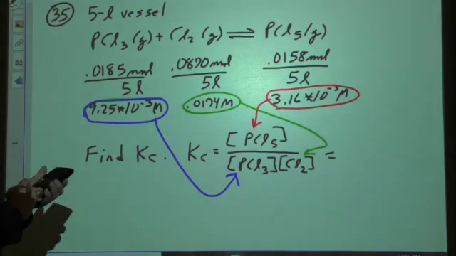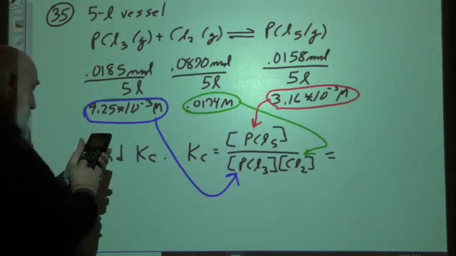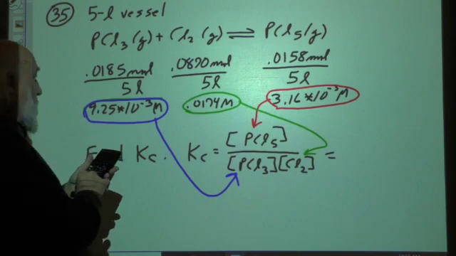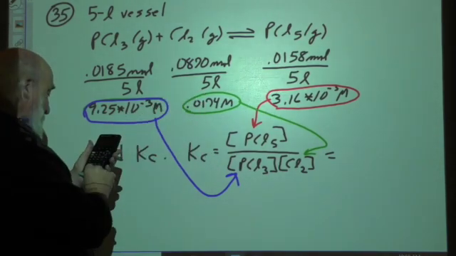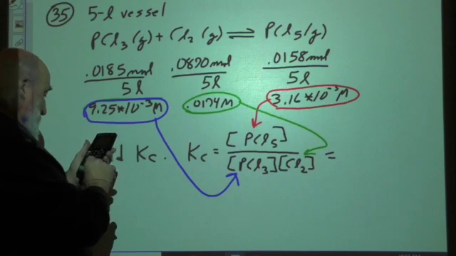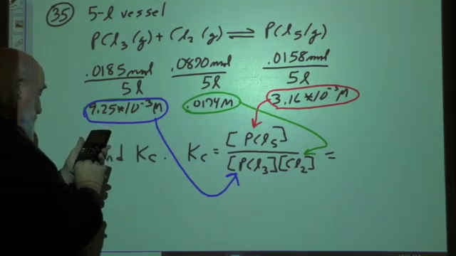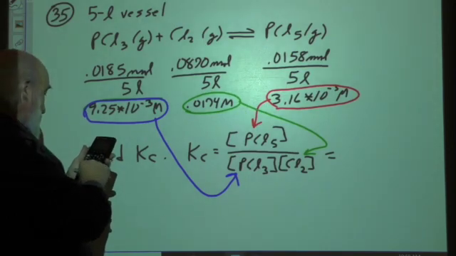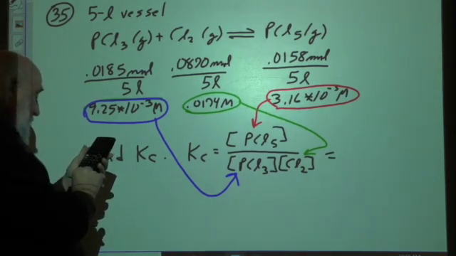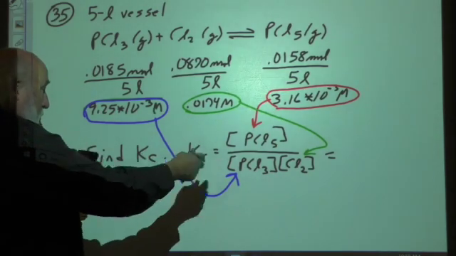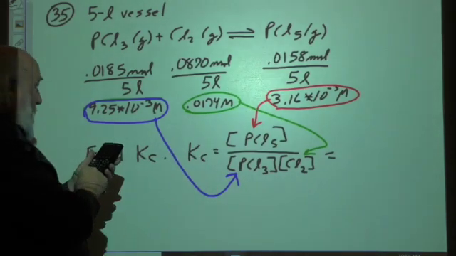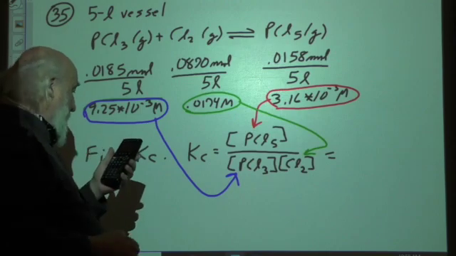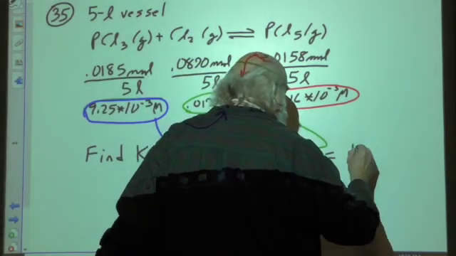We have 9.25, clear, 3.16 E negative 3 divided by 9.25, E negative 3 divided by, because they're both in the denominator, 0.0174. And I get 19.6.